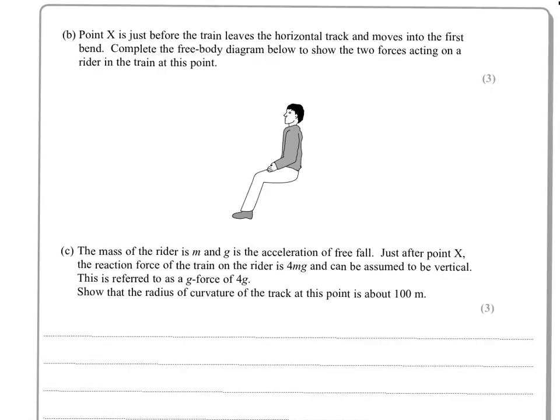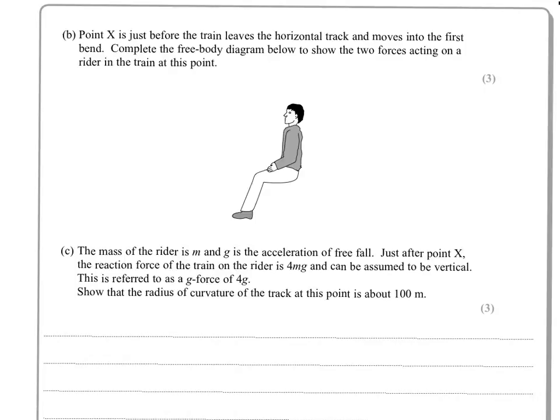It says point X on the right is just before the train leaves the horizontal track and moves into the first bend. Complete the free body diagram to show the two forces acting on the rider in the train at this point.